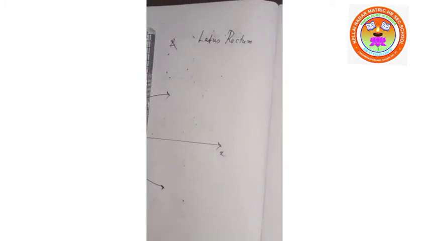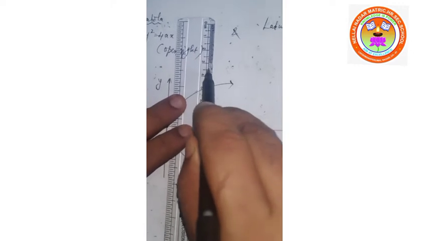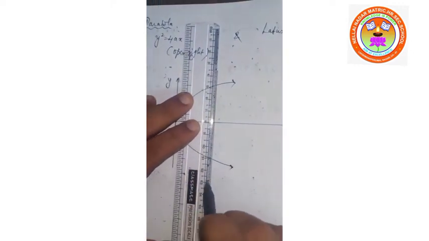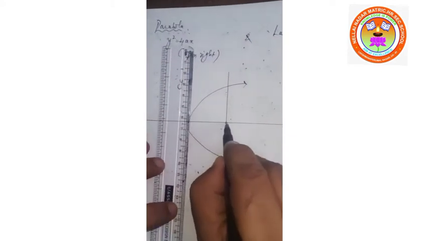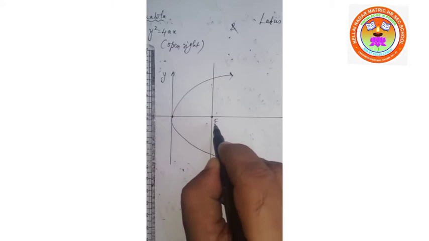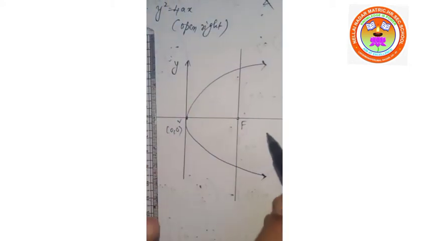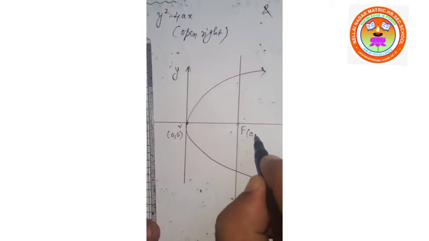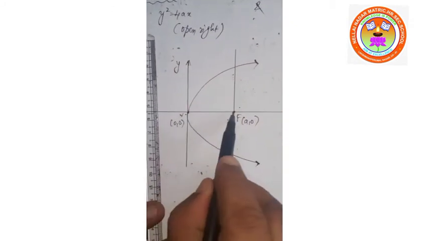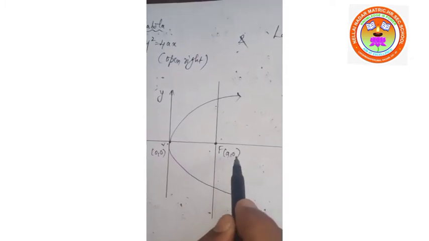A straight line which is passing through the focus and perpendicular to the axis of the parabola. See, I consider the focus point. F represents focus. This is the vertex 0, 0. Focus point you know very well, that is A, 0. Vertex to focus distance is A units. So the point is A, 0.